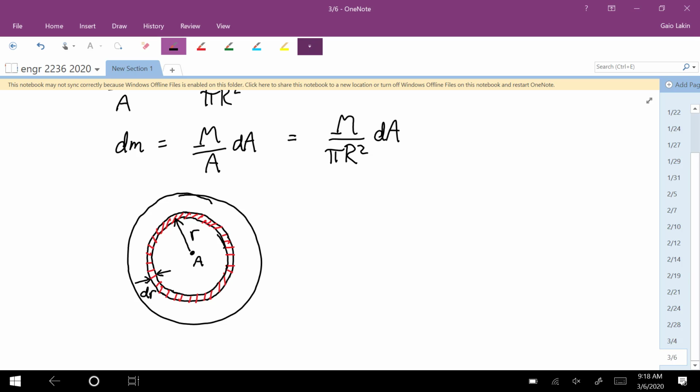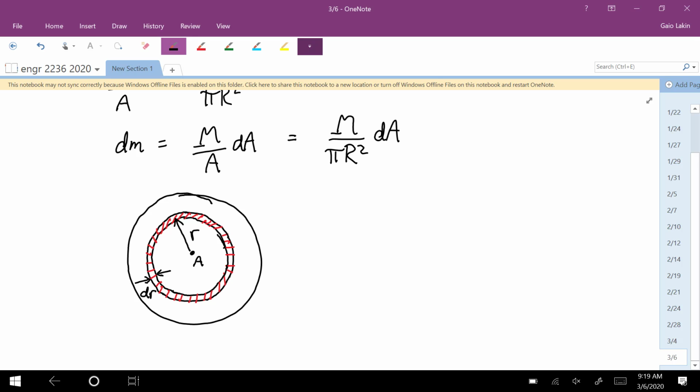To get to the outside of the ring would be r plus dr over 2, but dr is 0. To get to the inside of the ring, it would be r minus dr over 2. But again, that's just r.